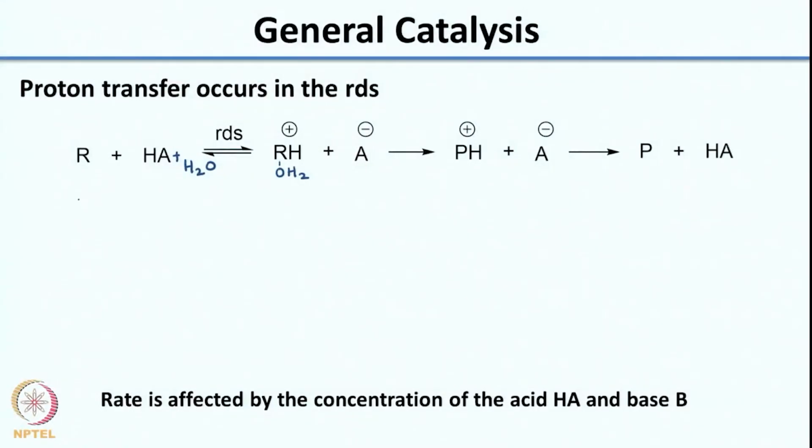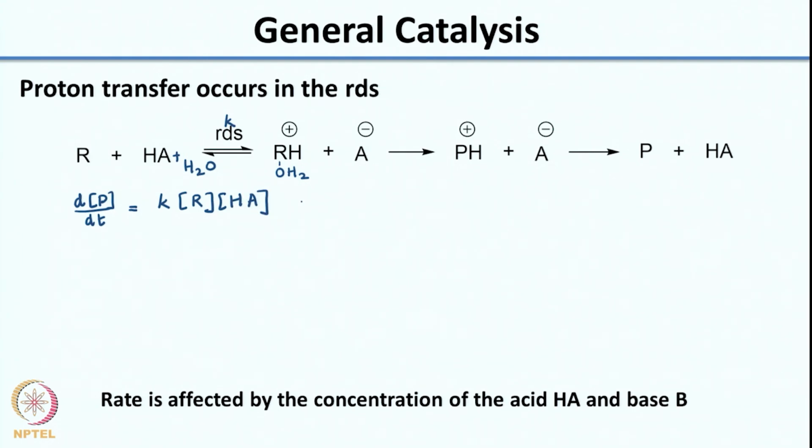Now if you were to derive the rate law for this, the first step is the rate determining step. So if I were to write the rate, it would be given by k, let us say k is the rate constant for this, and if water plays a role, the concentration of water will also come in.